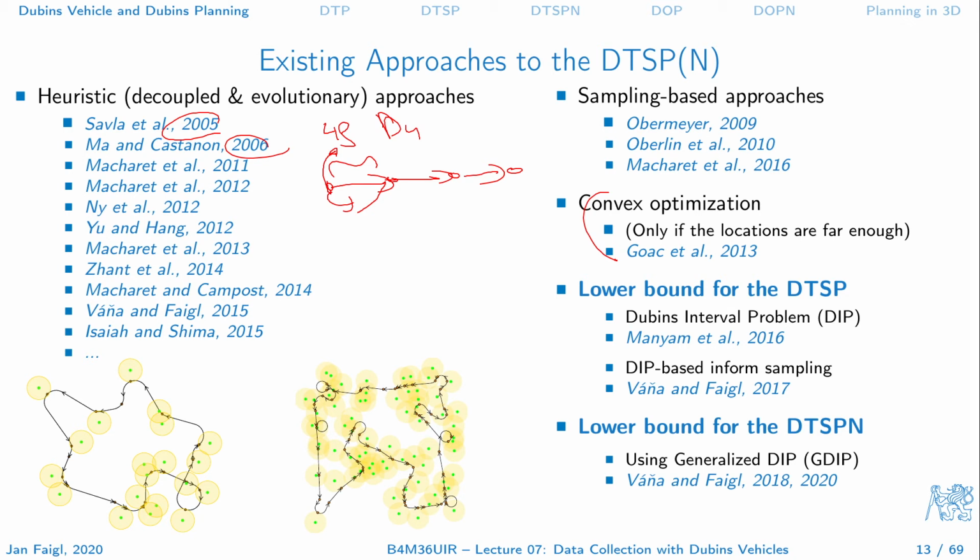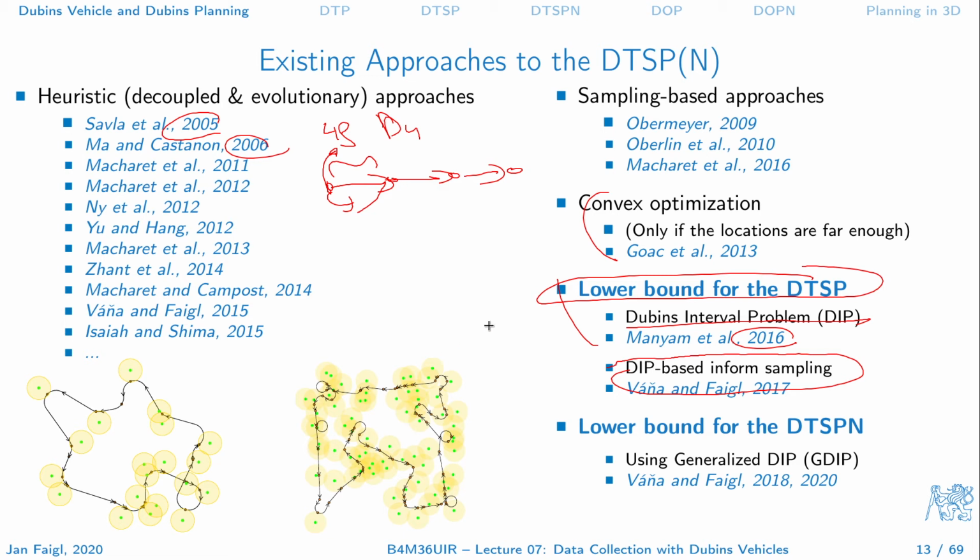And from my point of view, to the literature, the real milestone has been with introduction of Dubin's interval problem by Gupta in 2016, because it actually provides us the tight lower bound estimation to the Dubin's traveling salesman problem. And then we can quantify what is the quality of our solution. And we actually employ this idea of lower bound to provide informed sampling of the headings.